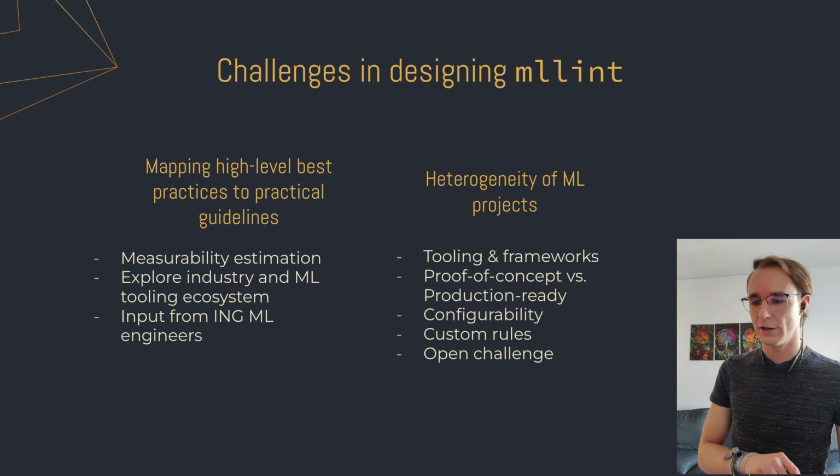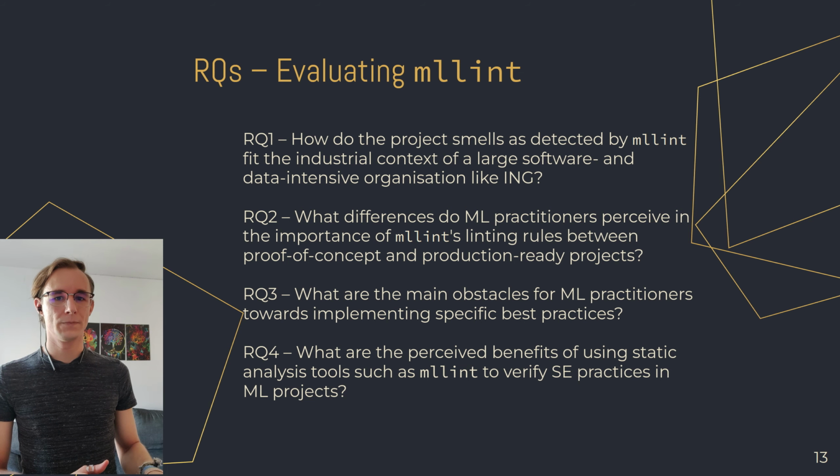The third one is, what are the main obstacles for machine learning practitioners towards implementing these specific best practices? And finally, our fourth research question is, what are the perceived benefits of using static analysis tools such as mllint in order to verify software engineering practices in machine learning projects?